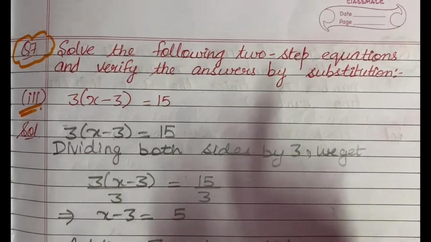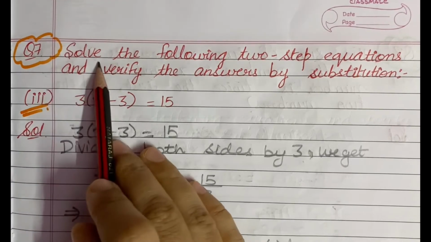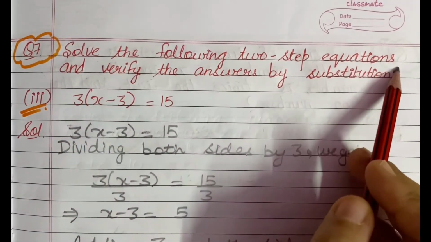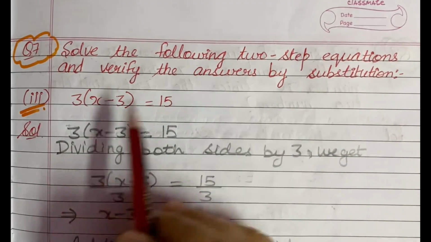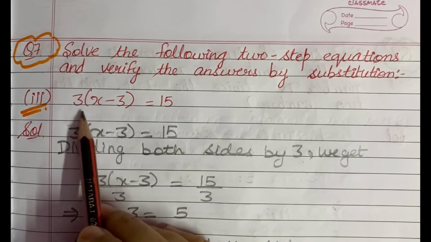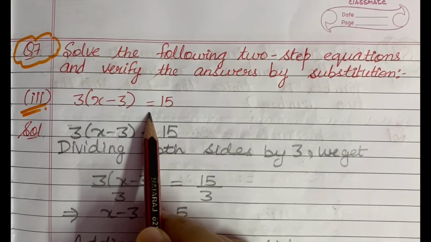Now next I have taken question number 7, and question number 7 says solve the following two-step equations and verify the answers by substitution. The third part says 3 multiplied by x minus 3 is equal to 15.